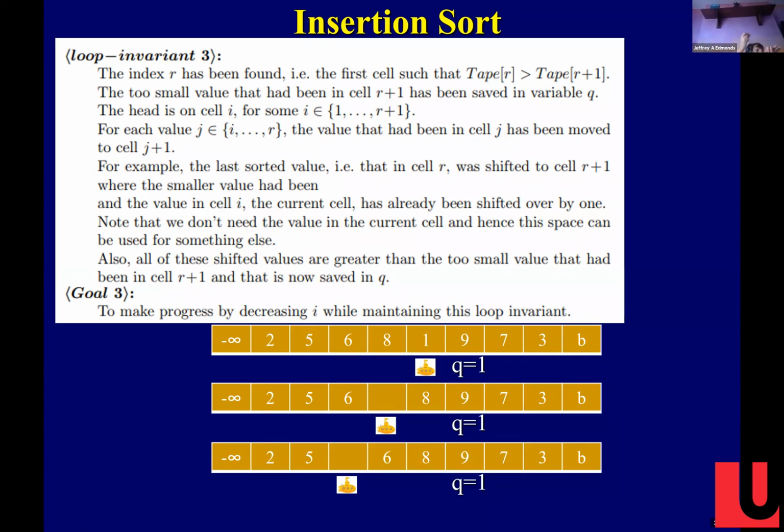We're moving left in order to find where the 1 belongs. But when we need to put the 1 in, everybody before it needs to be shifted. Why do you need it to be shifted? Because this spot where the 1 was, we don't want the 1 there anymore. Who do we want there? We want the 8 to move there. And then in the end, we need a spot to put the 1. Does that make sense?